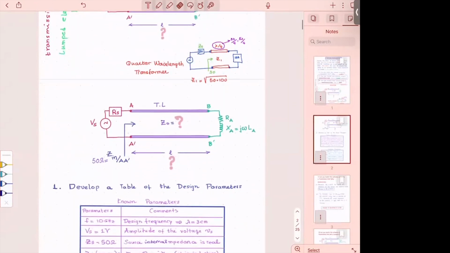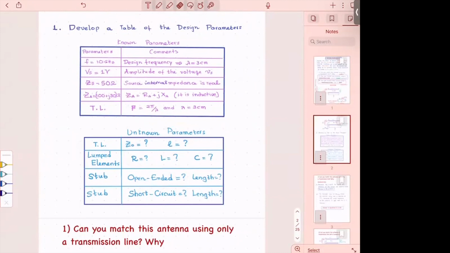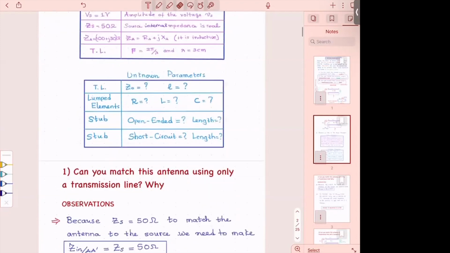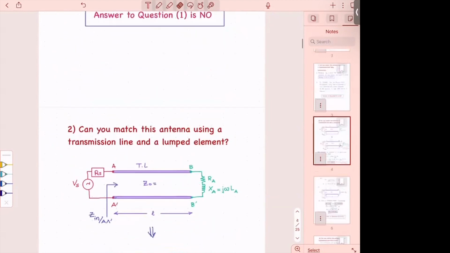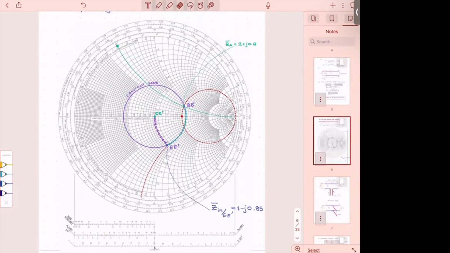Anyway, so then I told you how to put together what you know and to outline what you do not know. It's very important because there are so many parameters here that you don't want to forget. And then we went through this. I'm not going to go through this again. I'm going to stop here and remind you what we did.